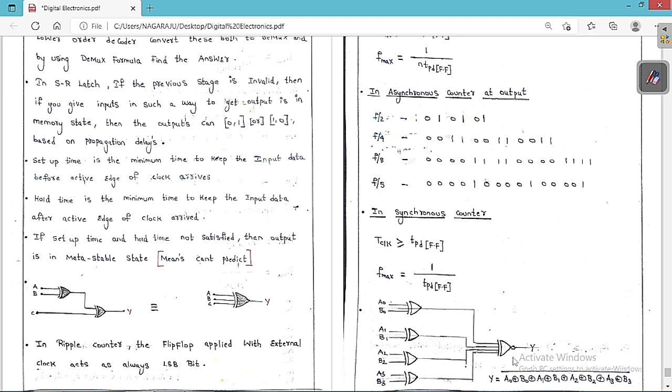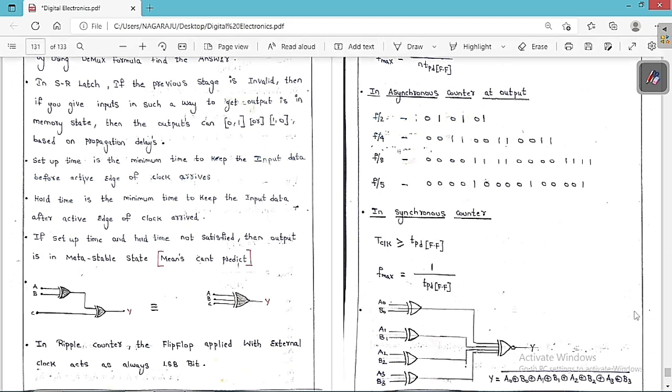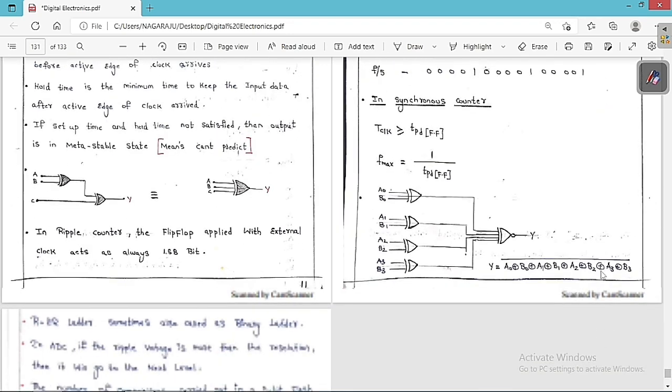Again you are doing the XOR operation, which means I have to keep another XOR and take the complement of that. This is the important thing that you always have to remember. Again you have to do the XOR, again you have to keep the complement. So all complement: A XOR B whole complement, A XOR B whole complement.